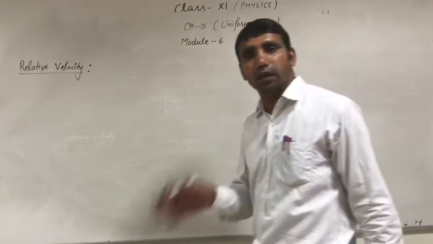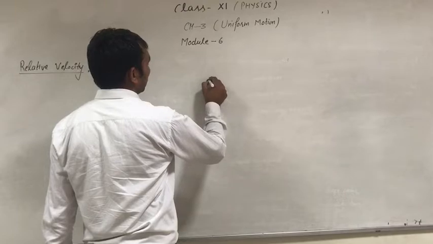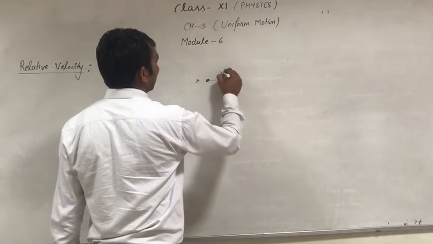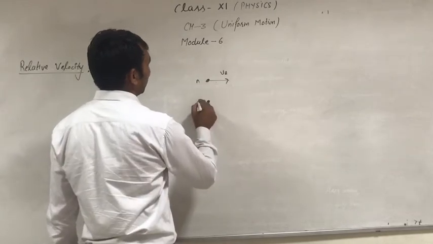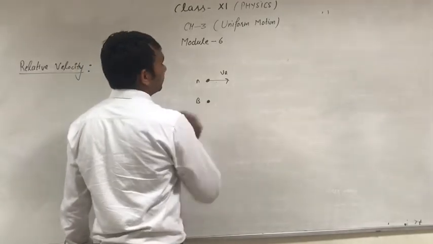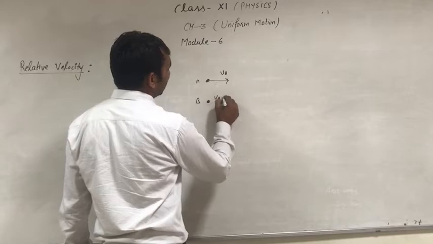Let us say object A is moving with velocity Va, and this is object B. Object B is at rest, Vb is equal to 0.